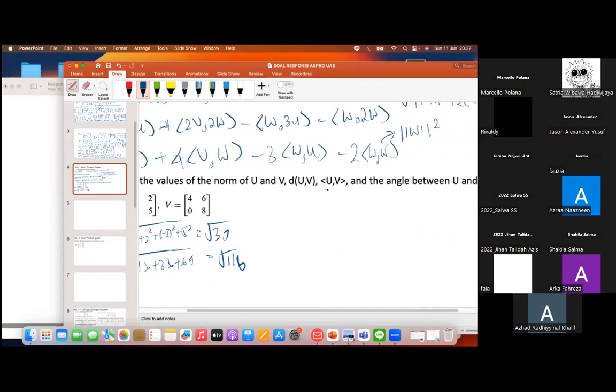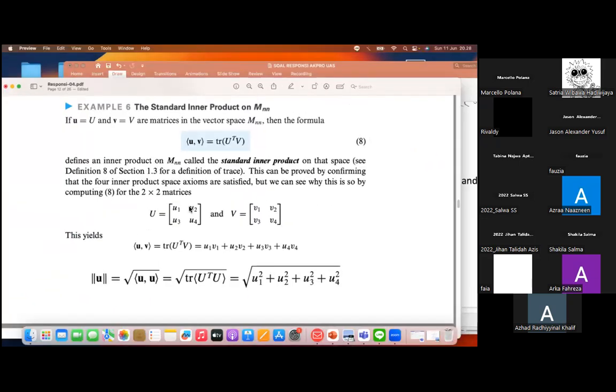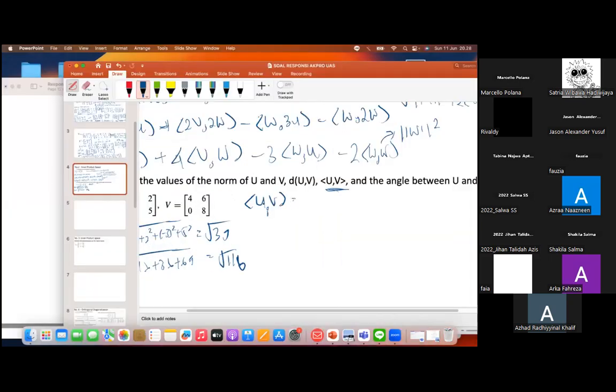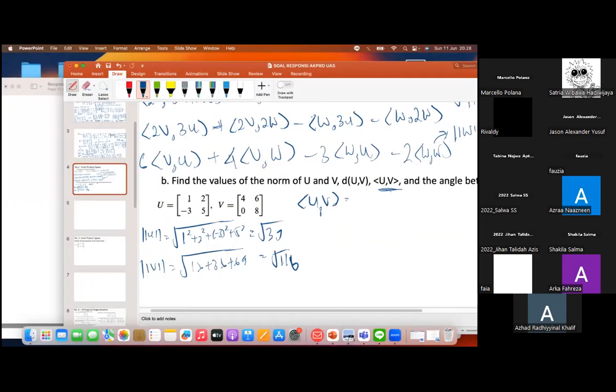Next, we have to find this for u comma v, because in order to find the distance between u and v, we need this. So u comma v is the corresponding cells multiplied by each other and then added together. So here 1 times 4 is 4. 2 times 6 is 12, so plus 12.